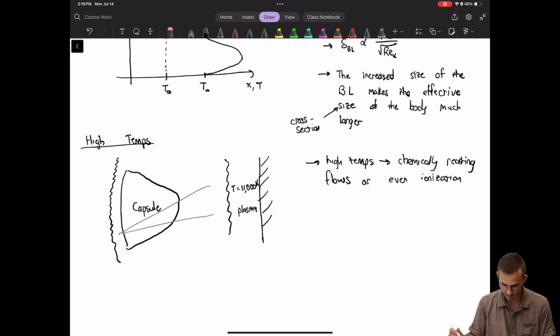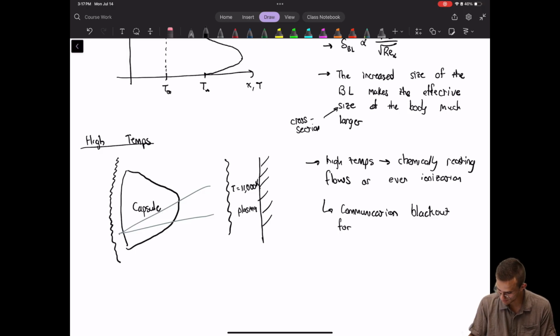For the reentry of space vehicles, that's where you get the communications blackout, because our communications bands do not penetrate the plasma of the density that forms on the Earth-facing side of these vehicles. So that's one particular issue you can end up with in these really extreme hypersonic flows.